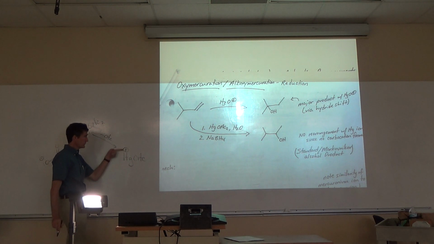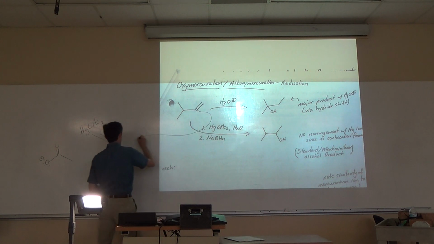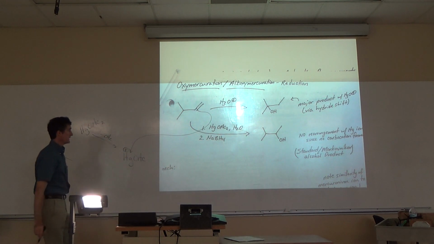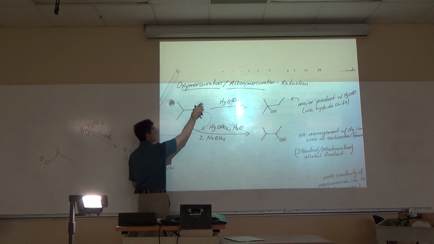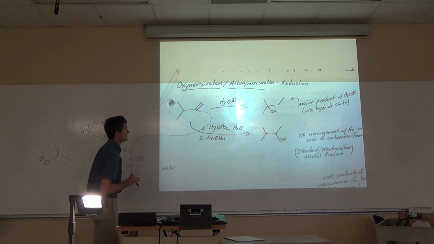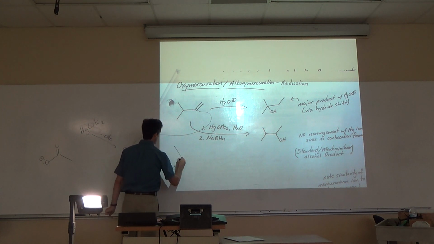Okay, mercury plus, a lot like an H plus. The alkene can attack the mercury plus and make a bond to the mercury. Where are we going to leave the cation up here, top or bottom? On the bottom.